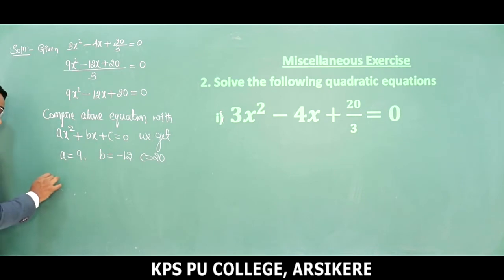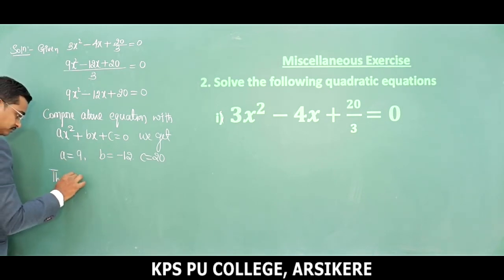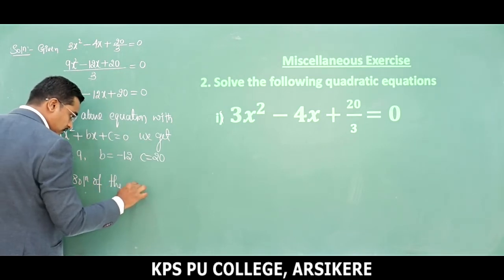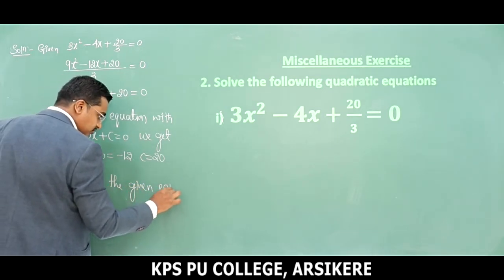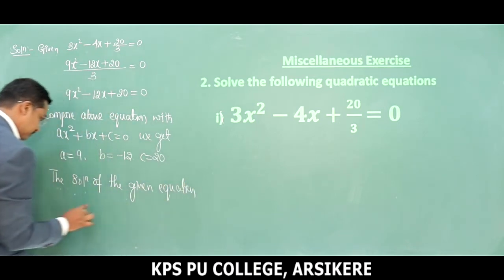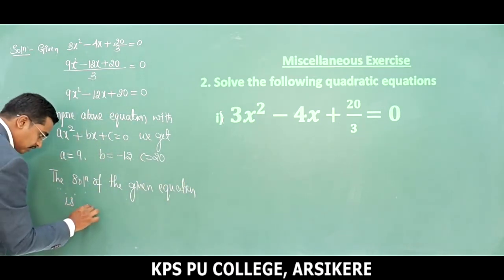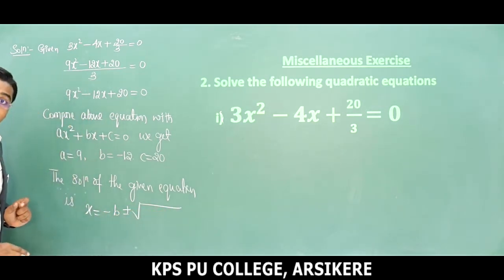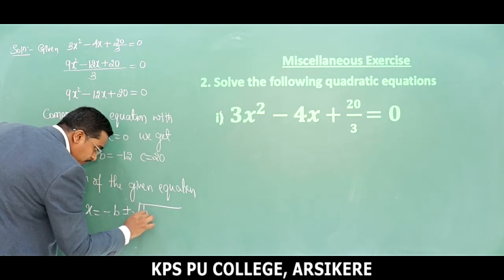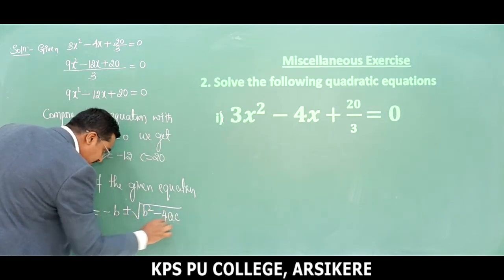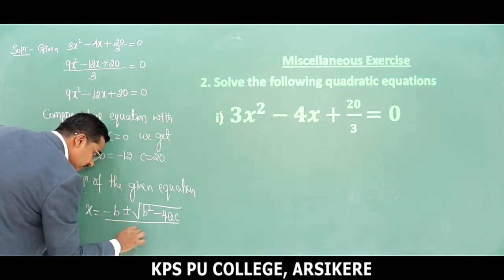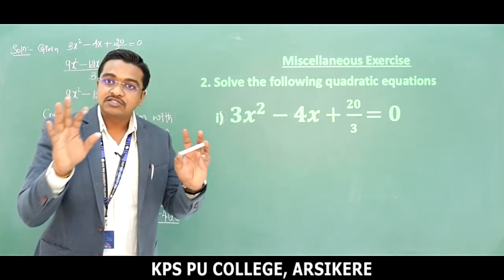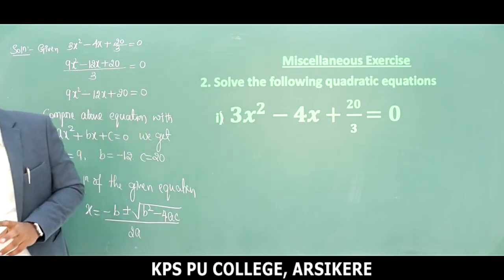Therefore the solution of the given equation is x is equal to minus b plus or minus square root of b square minus 4ac whole divided by 2a, right? Next step is very simple. Just take the values of a, b, c, then substitute here.